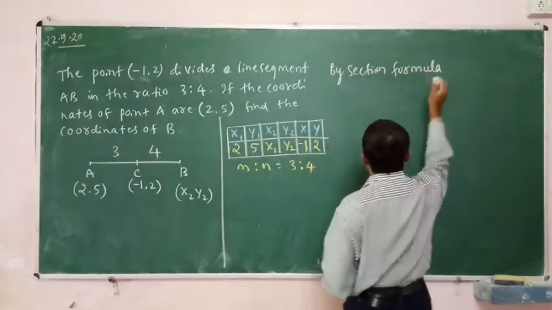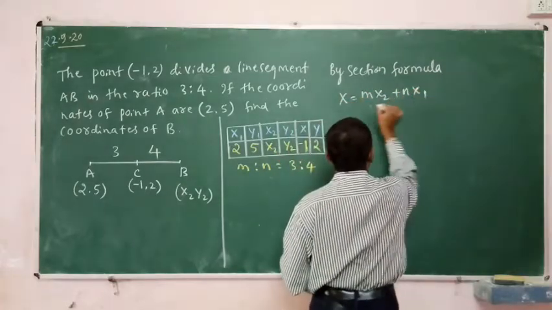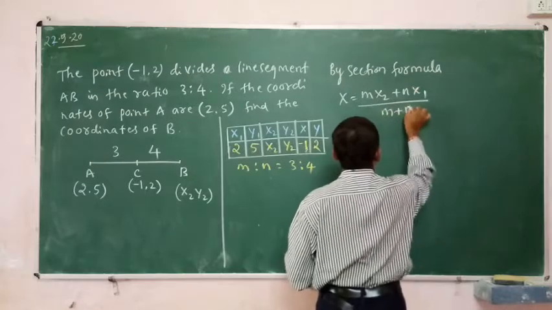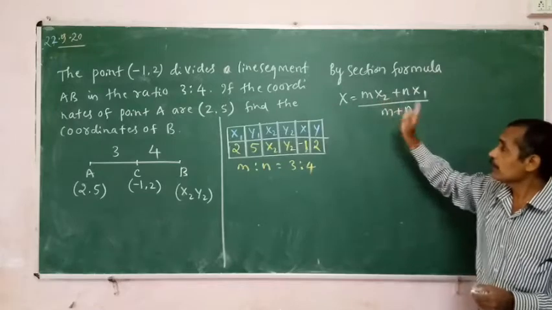Section formula. x is equal to (m x2 plus n x1) divided by (m plus n). Even though x2 has to be found, the formula remains the same.